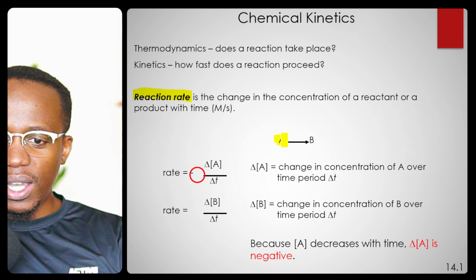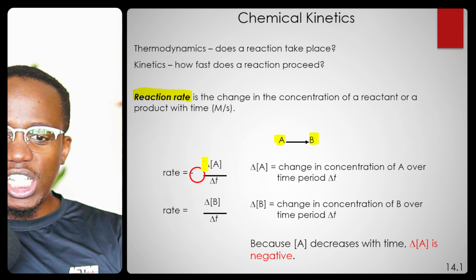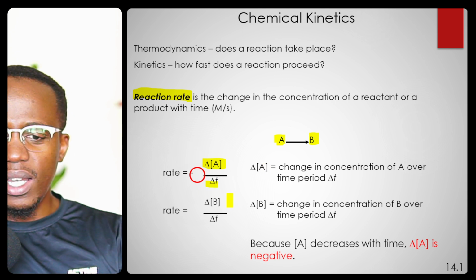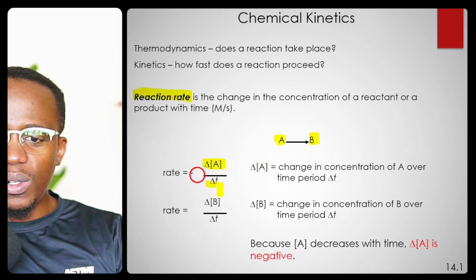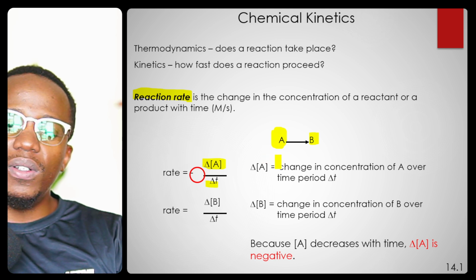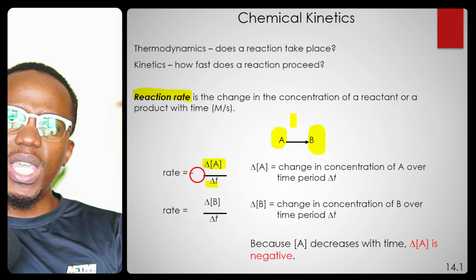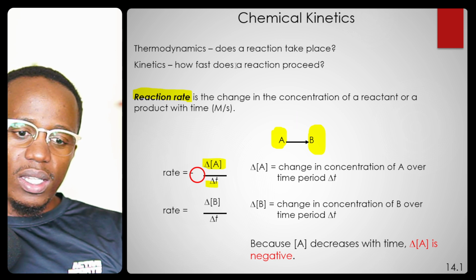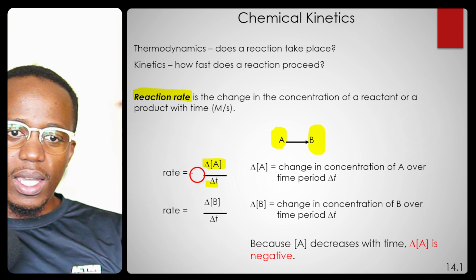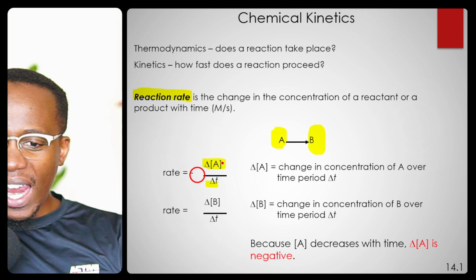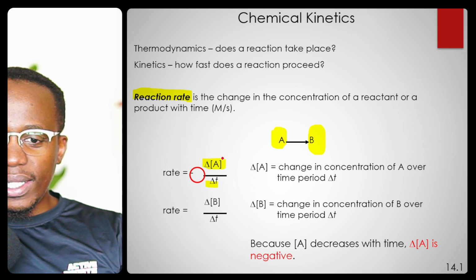So let's say we have A going to B. It's going to be the change in A over change in time. And guess what? It's going to be either the disappearance of A or the appearance of B. And if we want to illustrate it in a formula, this is what we're going to do. We're going to say, okay, rate is going to be equal to delta A over delta T, change in A over change in T. But guess what?